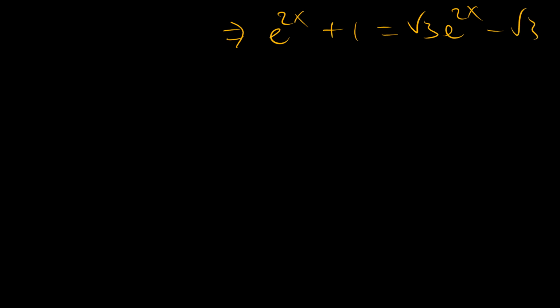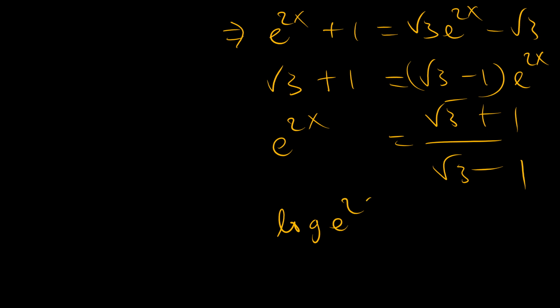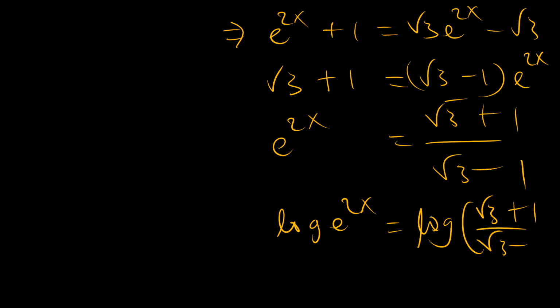And so one thing we can do is we have root 3 plus 1 equals, okay, and so e to the 2x is equal to root 3 plus 1 over root 3 minus 1, and log of e to the 2x is equal to natural log of root 3 plus 1 over root 3 minus 1.